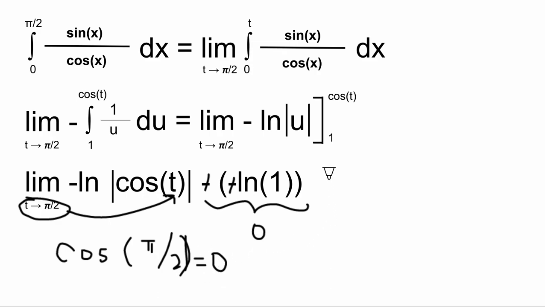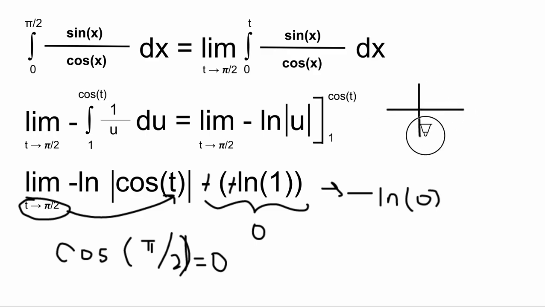So really what this is saying is we're trying to find negative ln of 0. And if we know our ln graph, I'll draw a quick sketch. It never actually touches 0. It's undefined at 0. There's a vertical asymptote at 0. The ln function is only defined for positive numbers.